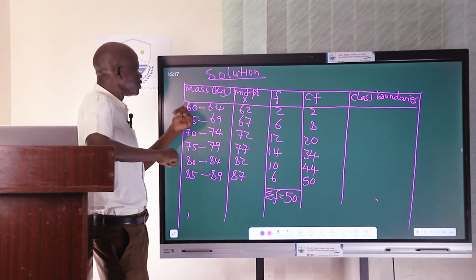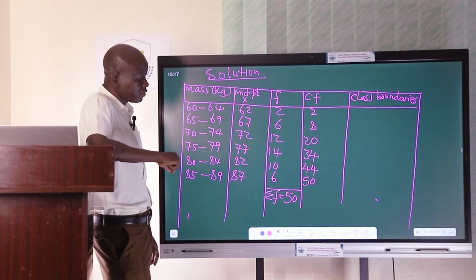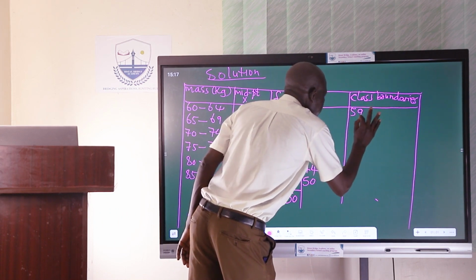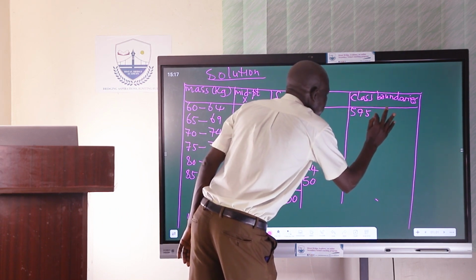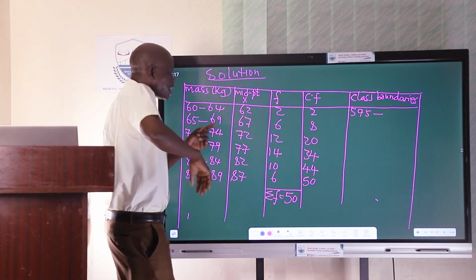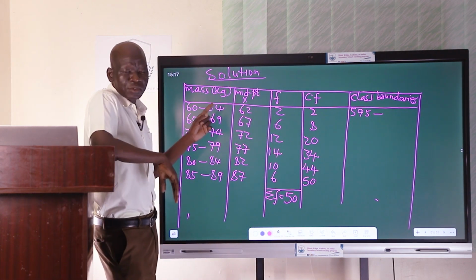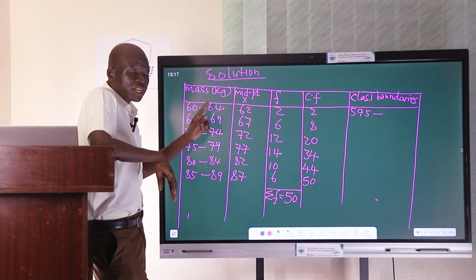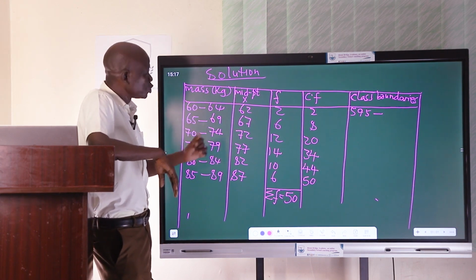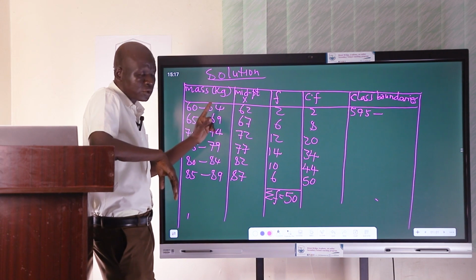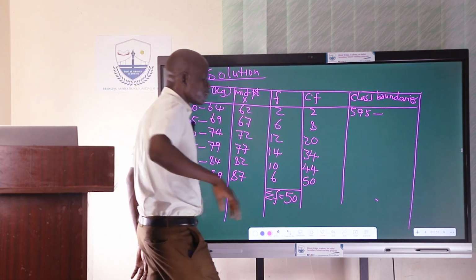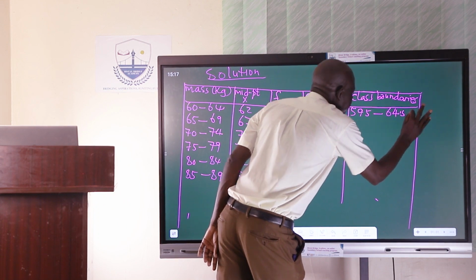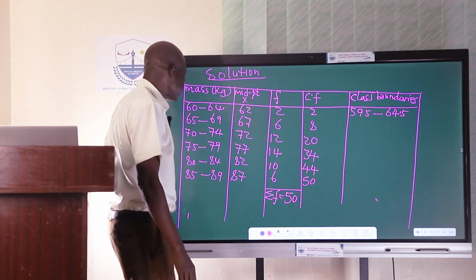That is to say, 60 minus 0.5, we shall have 59.5. To get the upper class boundary value, we add 0.5 to the upper class limit value. So we shall have 64 plus 0.5, giving us 64.5. We go to the next.